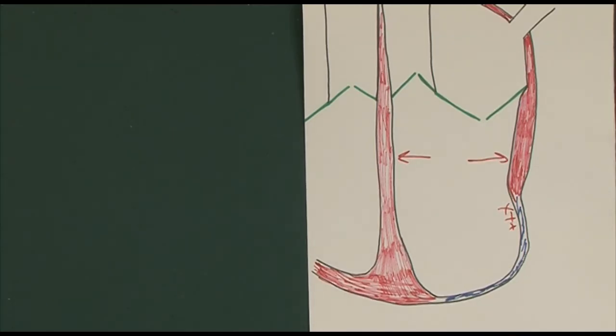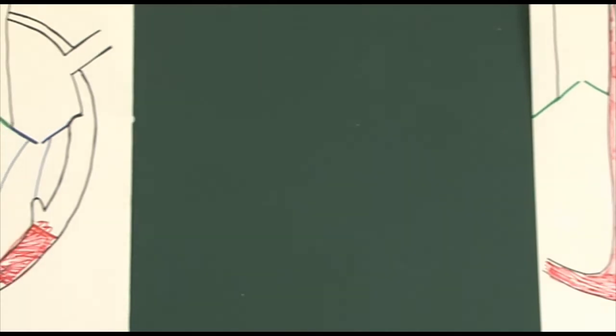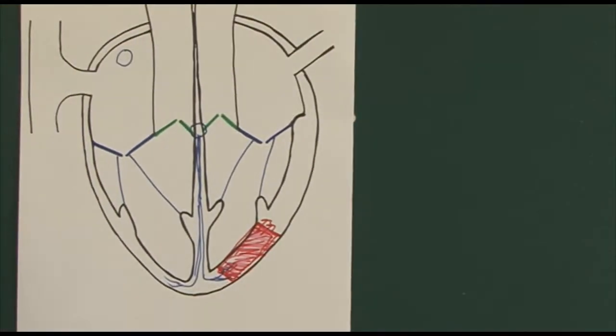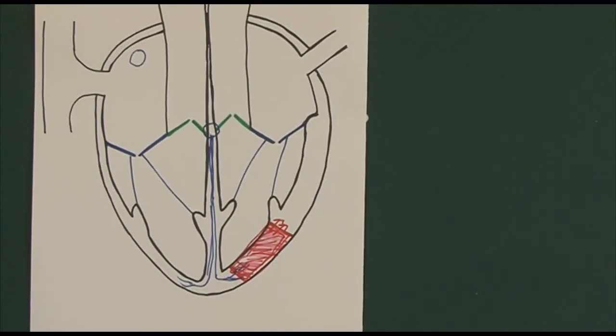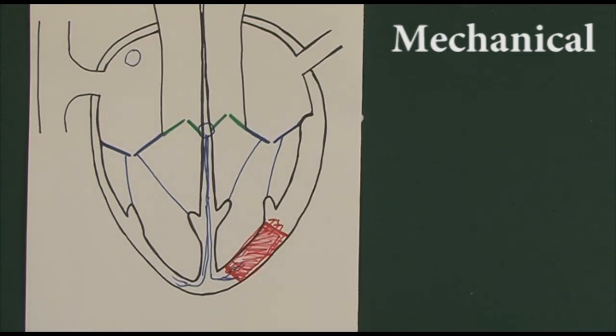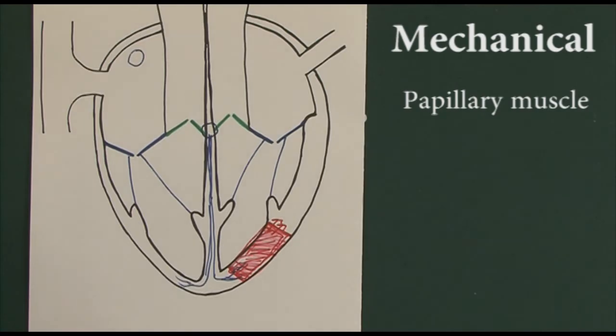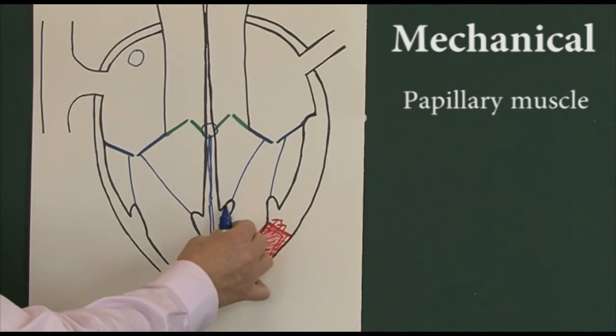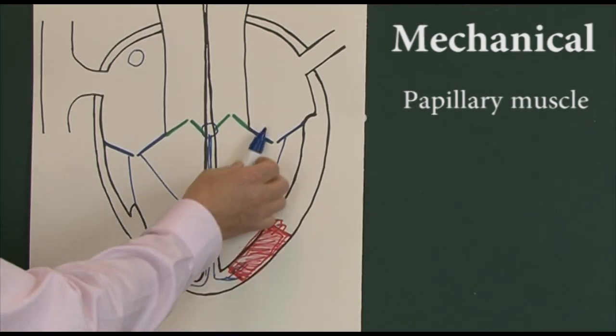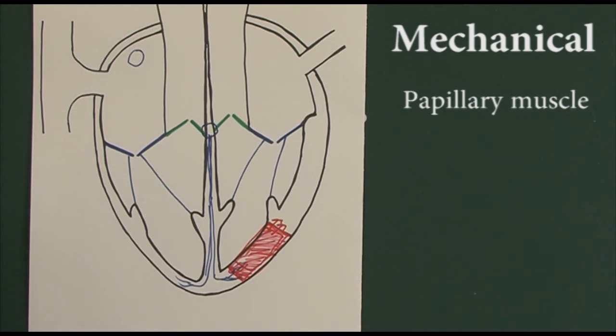Now, I think we'll go back to the first diagram just to mention a final few complications. There's always the possibility of mechanical failure, gross mechanical failure after infarction. For example, if there's infarct of a papillary muscle, one of these muscles here connected to the tendinous cords.